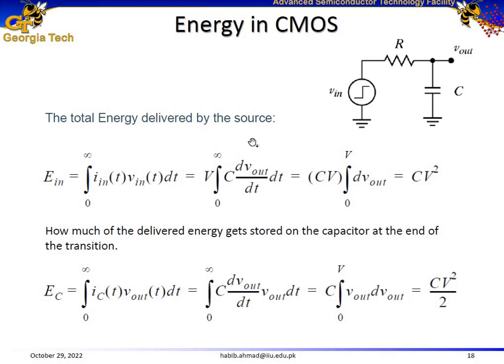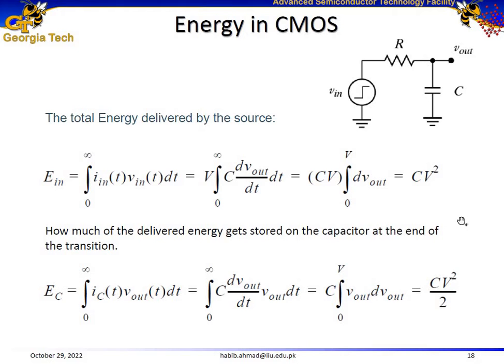The total energy delivered by the source, we previously derived it, is equal to CV square. But how much energy is stored in this capacitor? CV square is delivered by the source, but the energy stored in this capacitor is equal to CV square divided by 2.